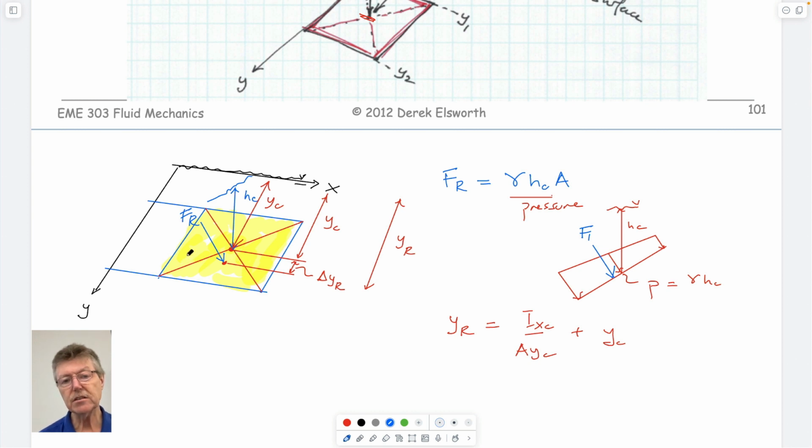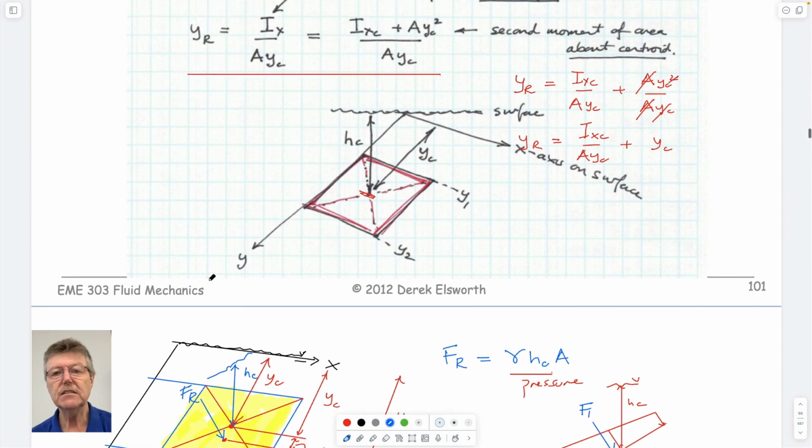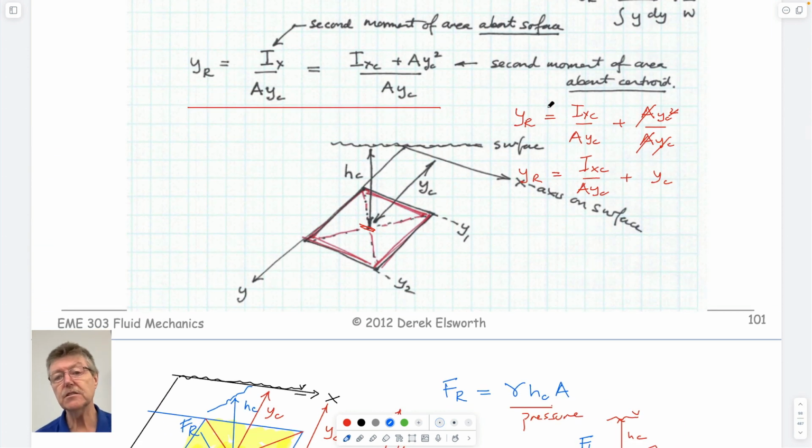We've only said where it acts on this axis, but just from the symmetry, you know it has to act on this. And so the reason this is called the second moment of area about a centroid, I guess, is if you look at a flat plate where, I guess this is the y direction, and if you look at summing up all the moments as you go along here about some magnitude, you get the first moment of area.